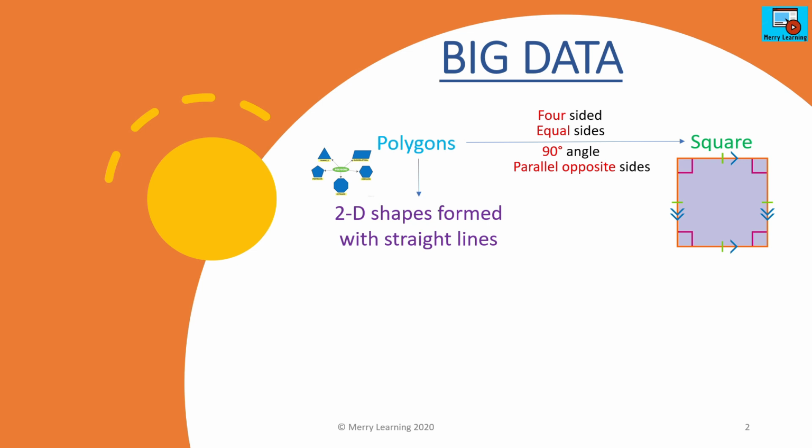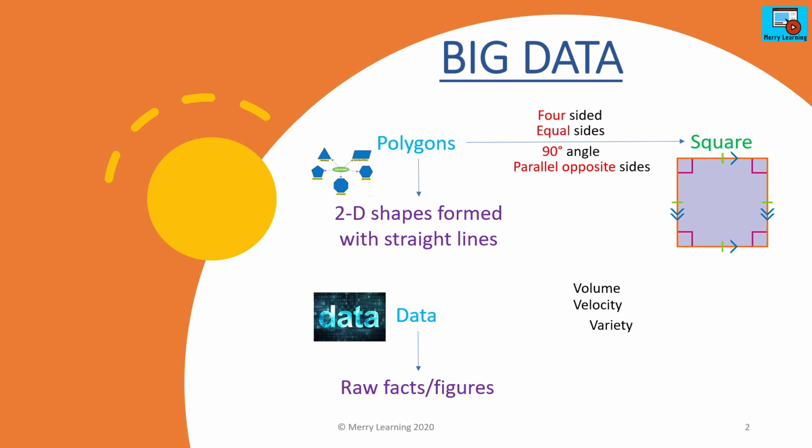Or, to rephrase, square is a polygon, which shows certain characteristics like four equal sides, with opposites parallel, having 90 degrees between the sides. Similarly, data, which is raw facts figures, when it satisfies certain characteristics like volume, velocity, variety, veracity, is called as big data.